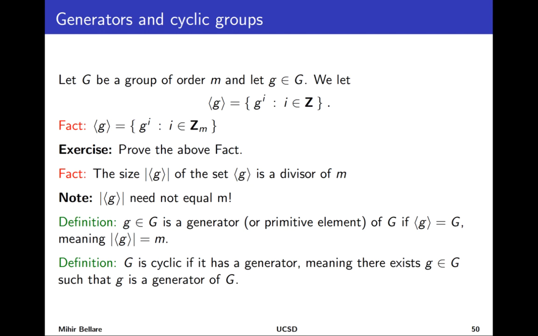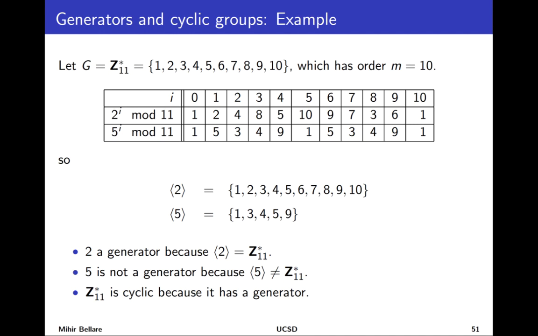Maybe if you haven't seen them before, it's a lot of new terminology, but none of the concepts are particularly deep or heavy, and so if you go through them iteratively, it should sort itself out. Let's play with an example to see how this plays out in a particular group.